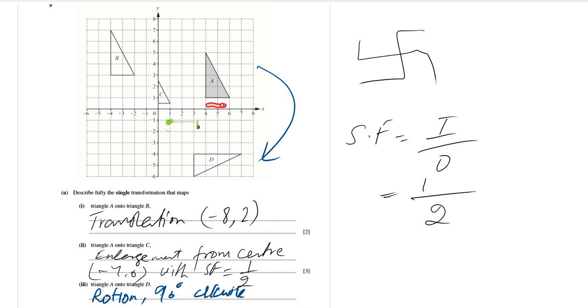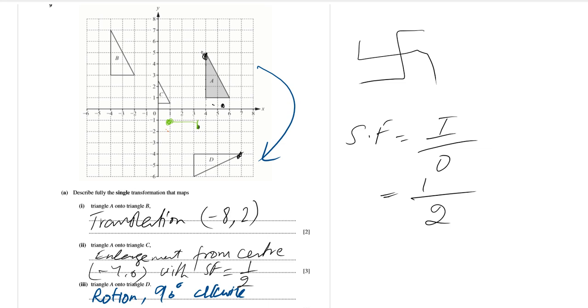This should be the center of the bisector. Let me check it again. This should be the center of the two bisectors from this point to this point, and it is making sense.